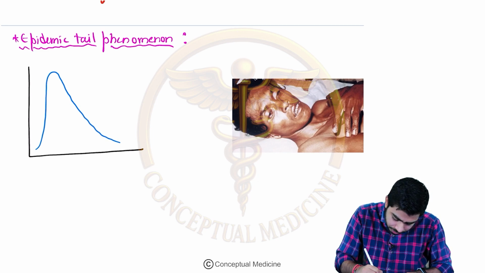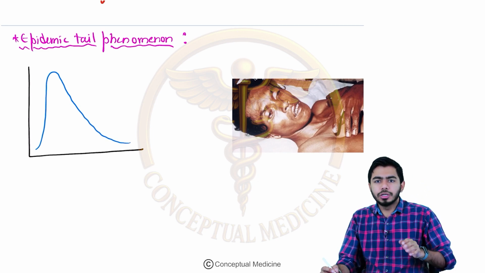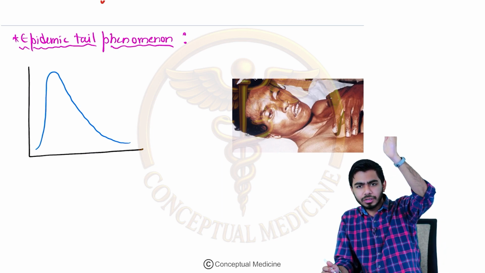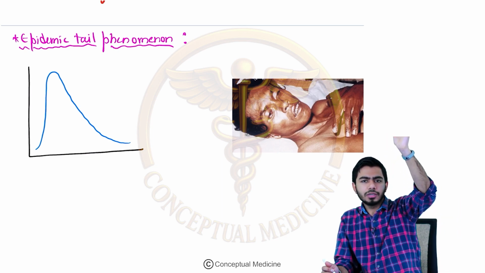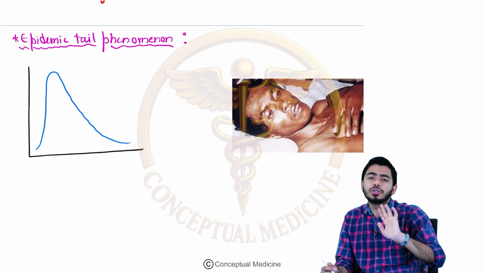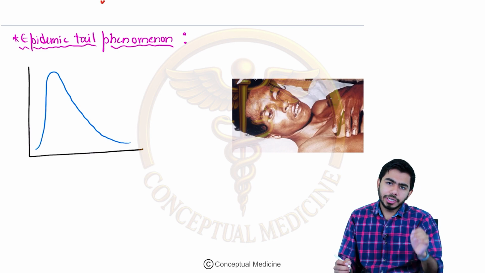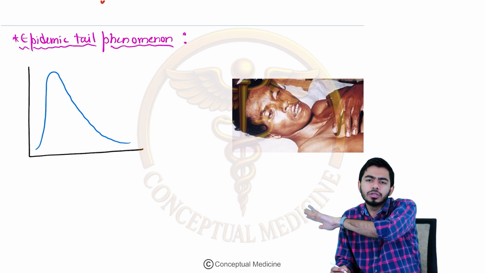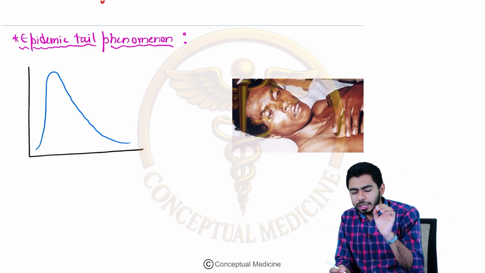It is going like this. So there is a sudden rise in the graph, a sudden rise in cholera cases, a cholera outbreak, and then the graph comes down gradually. And usually it takes a very long period of time to come to zero levels.